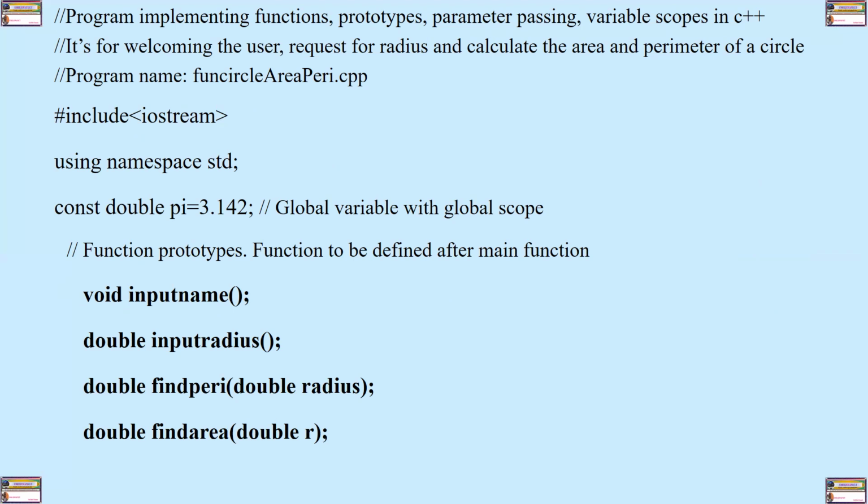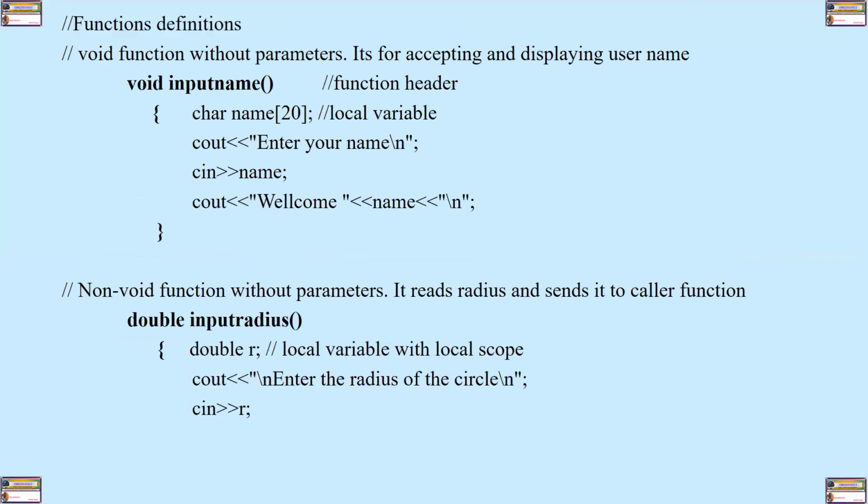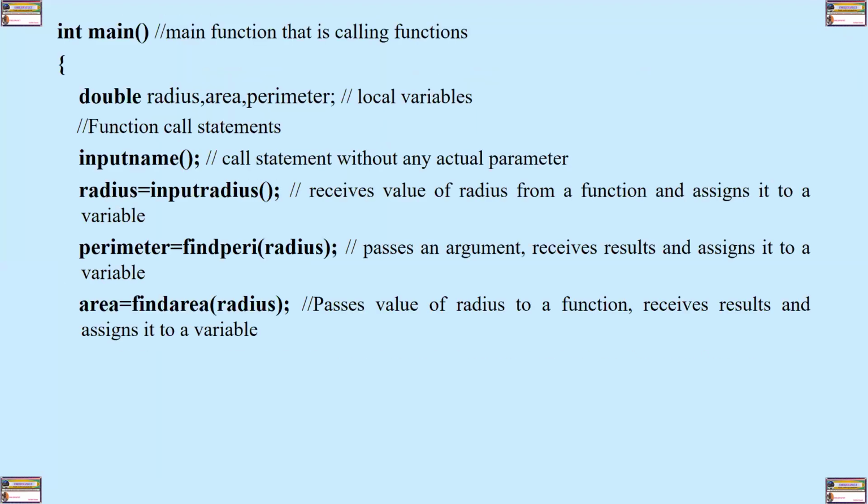It is going to receive one parameter and is supposed to return a value of type double. Then the compiler will go after the main and look for that function for finding area. Then once it is done, the return statement will return a value, and that value, which is of type double, will be assigned now to the memory location called area.